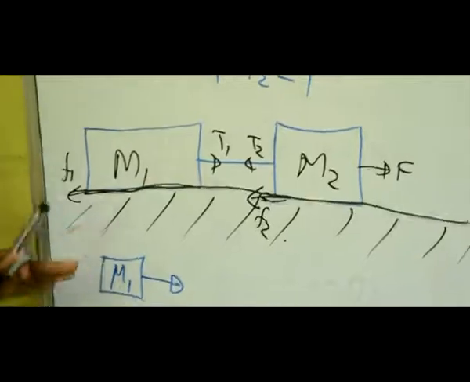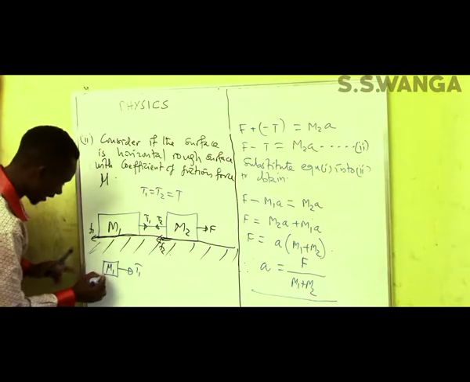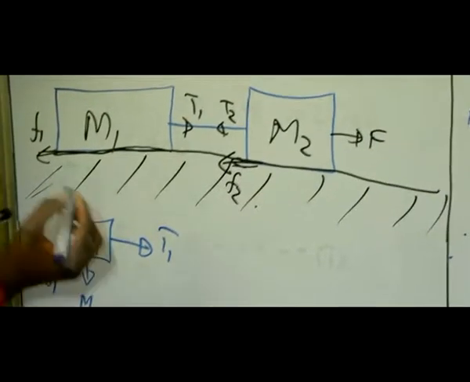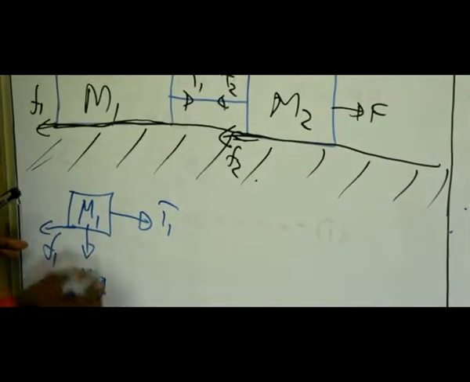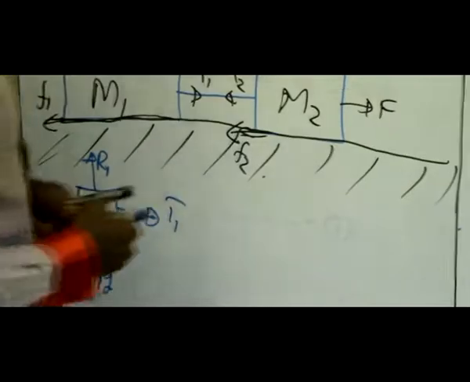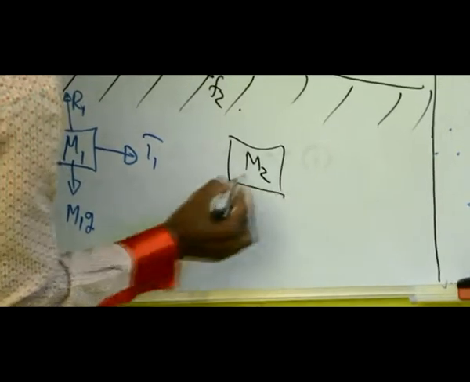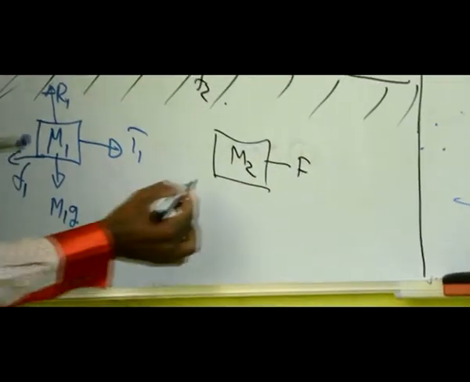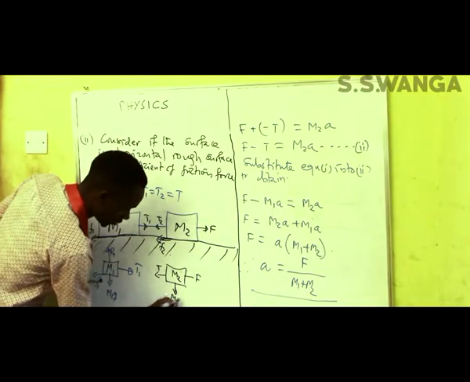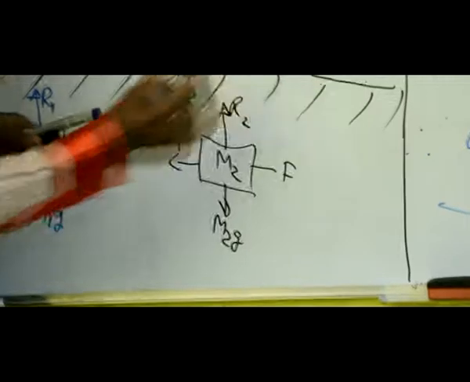Okay, for mass 1, the forces acting are tension T1, friction force F1, its weight pointing vertically downward, M1 times G, and the normal reaction, call it R1. Okay, for mass 2, it is an external force F, the tension force T, its weight M2 times G pointing vertically downward, and the normal reaction R2.